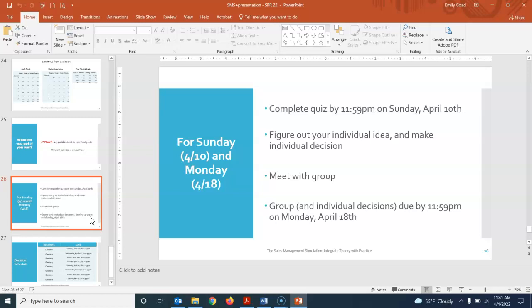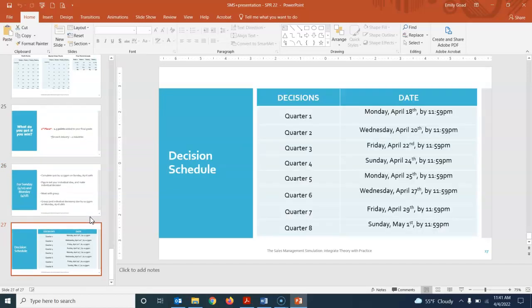Again, you can use the breakout group rooms. Figure out your individual idea, make your individual suggestion, meet with the group, make the group suggestion, and then Tuesday morning, I will run the simulation. The schedule is going to move pretty quickly. Pretty much every other day, you have a decision to make.